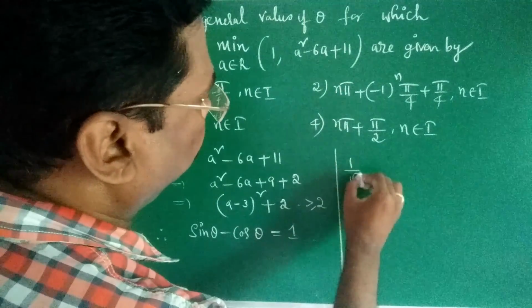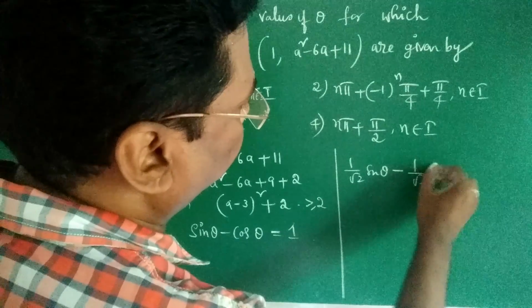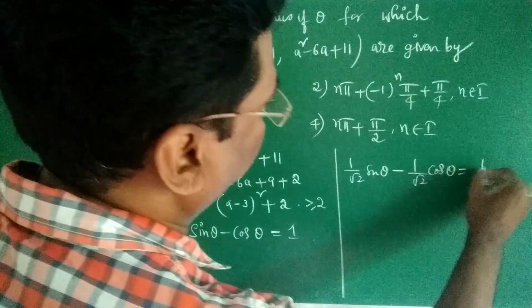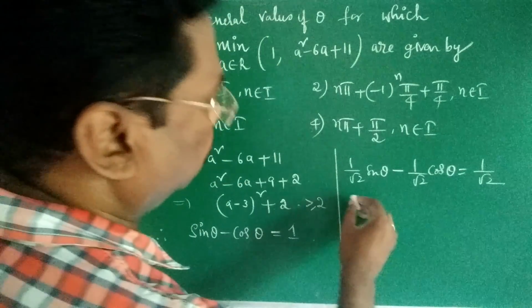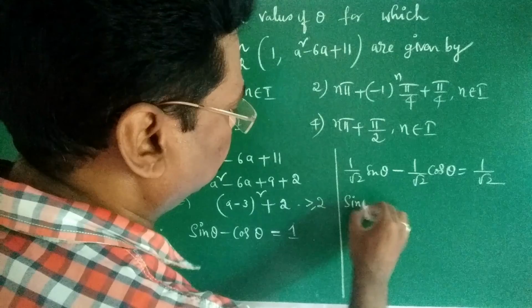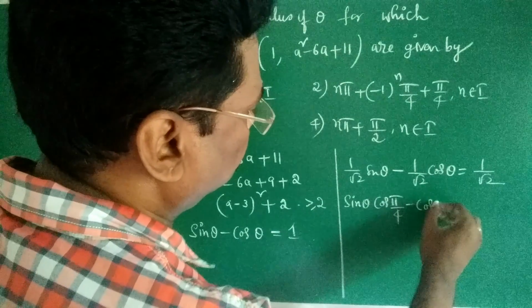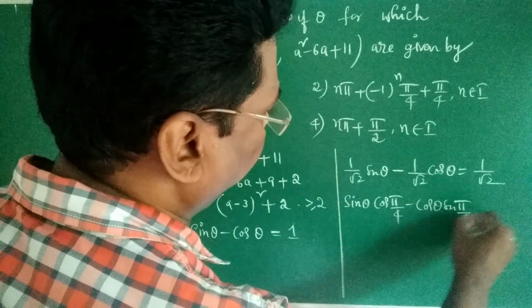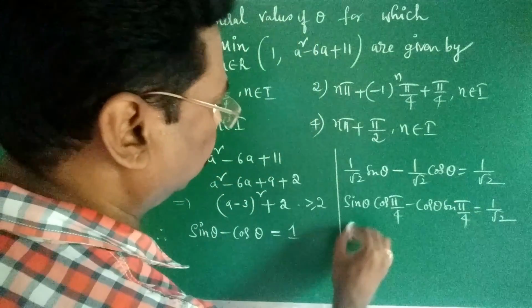Now (1/root 2) sin θ - (1/root 2) cos θ = 1/root 2. Now sin θ cos π/4 - cos θ sin π/4 = 1/root 2. Now sin(θ - π/4) = sin π/4, since sin 45 is 1/root 2.